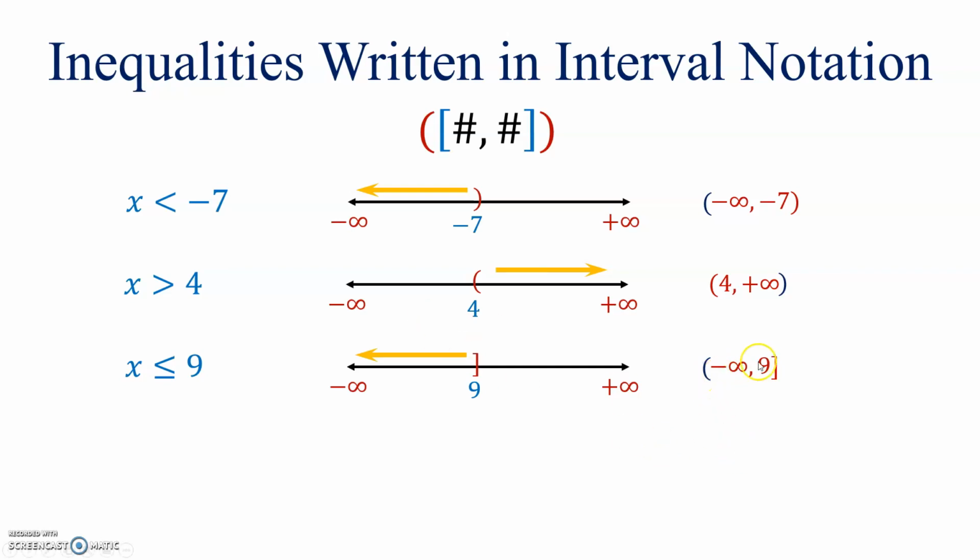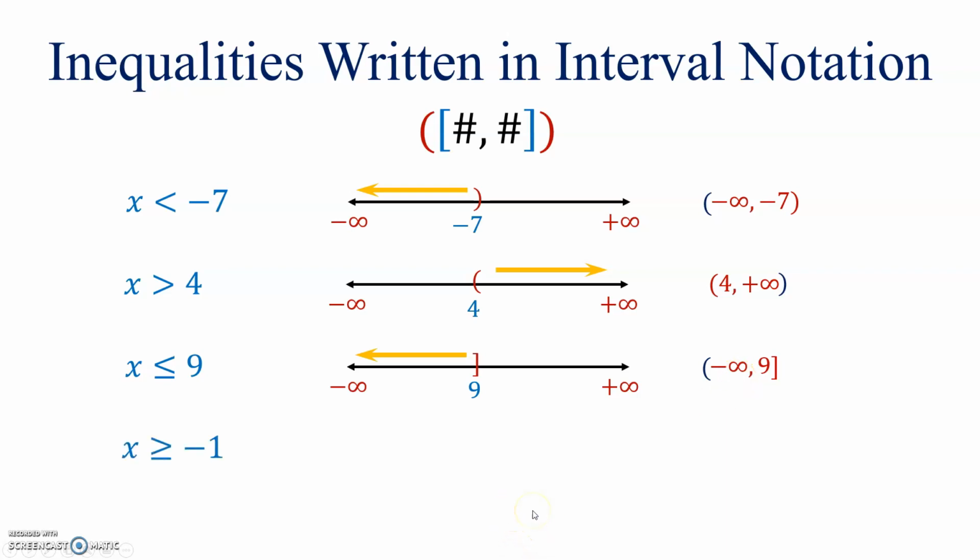So you're not trying to match the two symbols. You're putting the symbol that's relative to the inclusion of that value. So the parentheses for the 4 because we did not include the 4. Bracket with the 9 because we will include the 9. Parentheses with the -infinity because you can never actually be at -infinity.